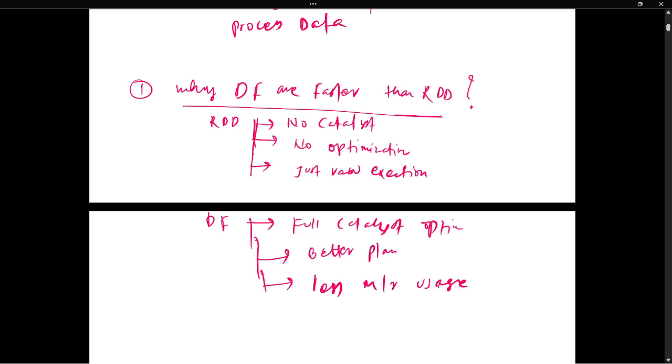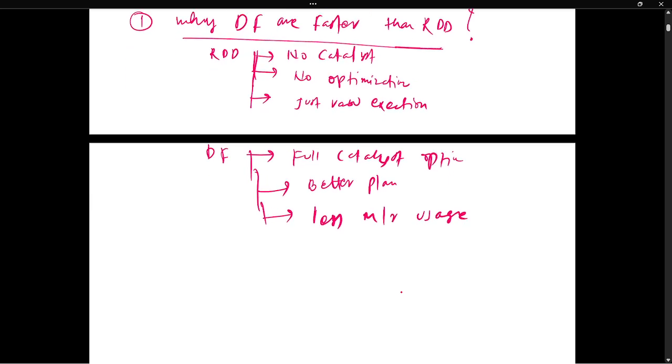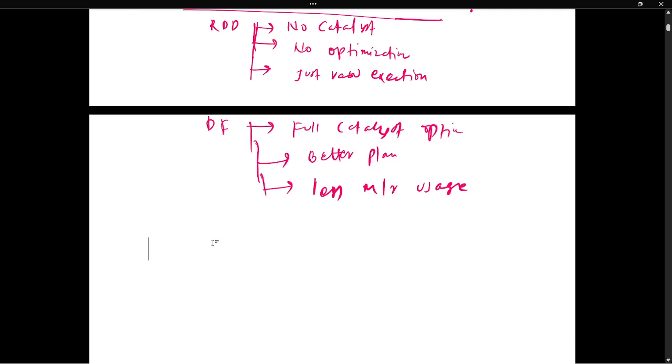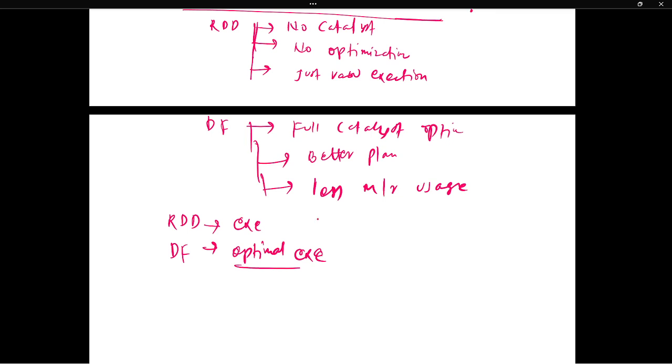These are the benefits, and because of that, DataFrames are faster than RDDs. Basically, RDD executes what you write and DataFrame executes what is optimal. With RDD, whatever you write gets executed, and here the optimal solution gets executed. This is the difference between RDD and DataFrame.